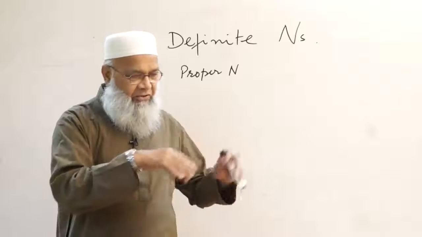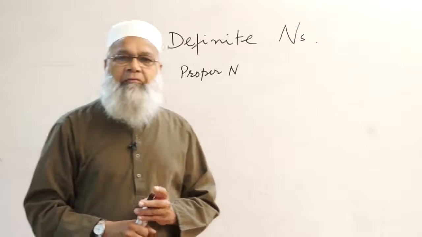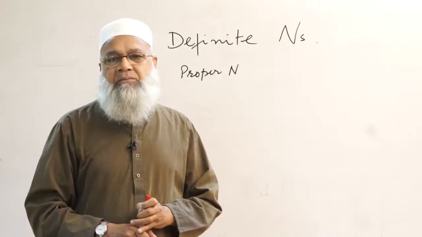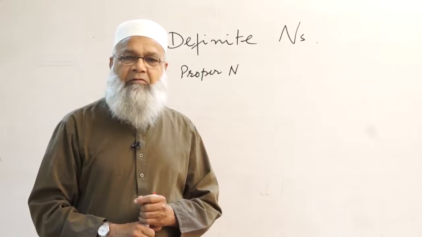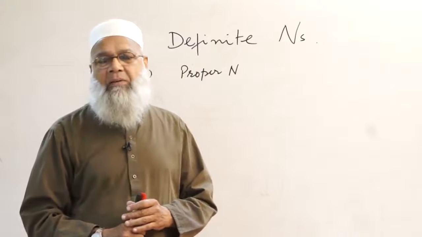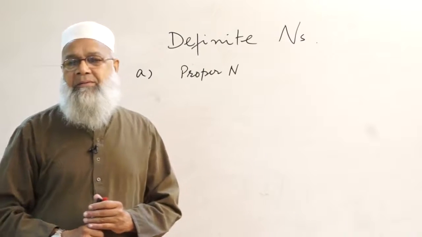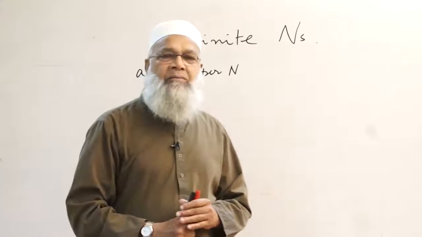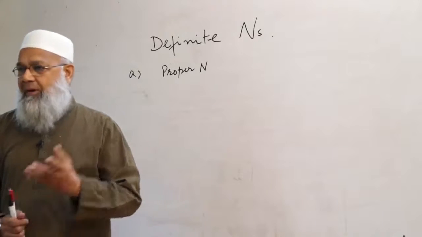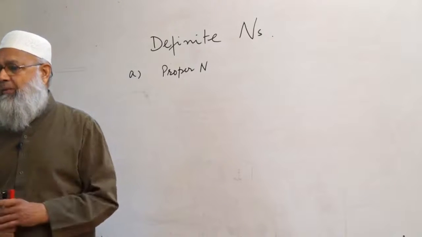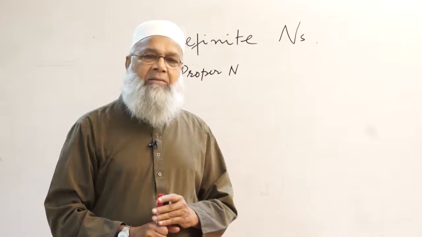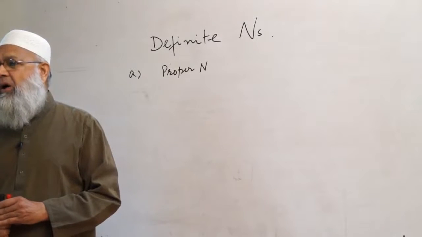All places to live for certain communities are called towns, but each town has a noun. Faisalabad, Lahore, Islamabad, London, Washington, New York, these are all the proper names. Makkah, that is Makkatul Mukarrama, this is the proper name or the alam of that noun.